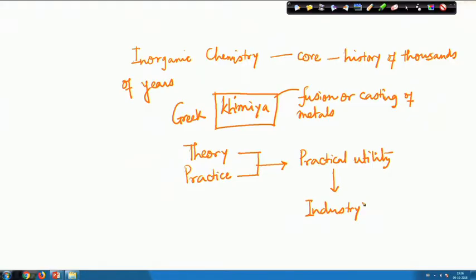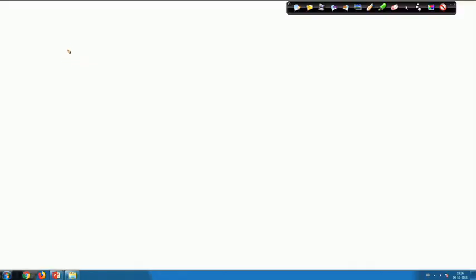We will see that in handling these, from different sources like air, water and soil, these are the constituents we consider.